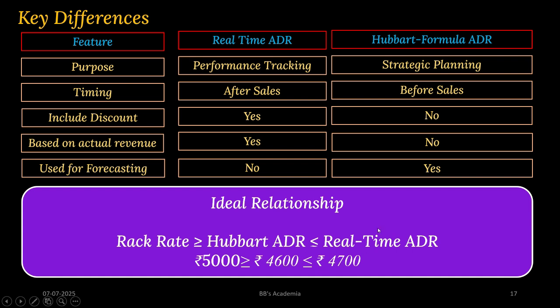That should be your ideal relationship between rack rate, Hubbart ADR and real time ADR. I believe now you are having a clear concept. What is ADR, real time ADR? How the rack rate is calculated by considering incremental cost and burden cost, and then what is your Hubbart formula approach. Okay.